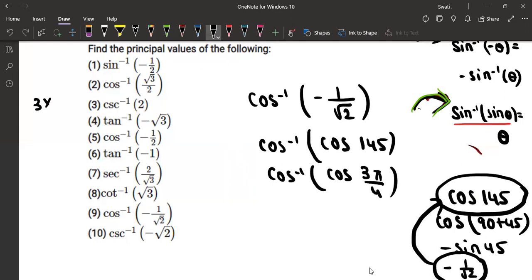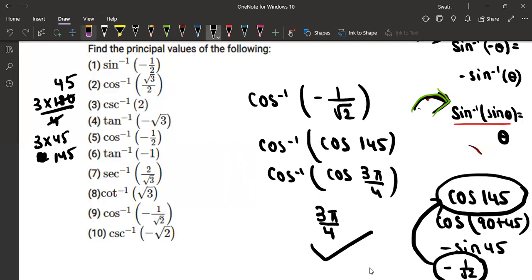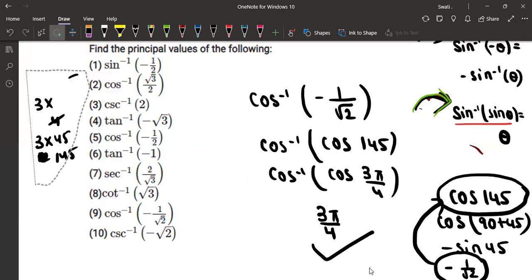So 3 into 180 divided by 4, this will become 3 times 45, that is 135, and then, okay, sorry. So this will become 135, right? So therefore, the value of cos inverse cos theta is 3 pi by 4. And that's the answer. All right, okay. I just wanted to erase this.